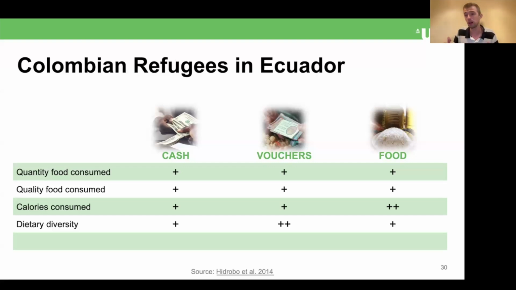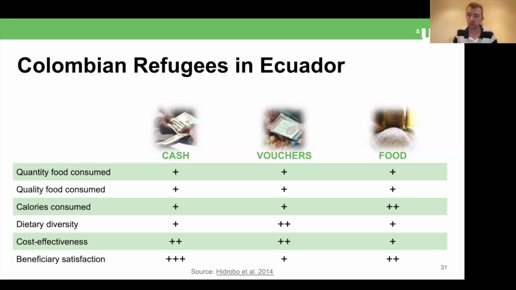And that would allow for spending more money actually on the actual item that you want to give, for example, cash. So in this study, they are looking very specifically at the cost effectiveness of the modalities as well. And they find that both cash and vouchers are significantly more cost effective than providing food.